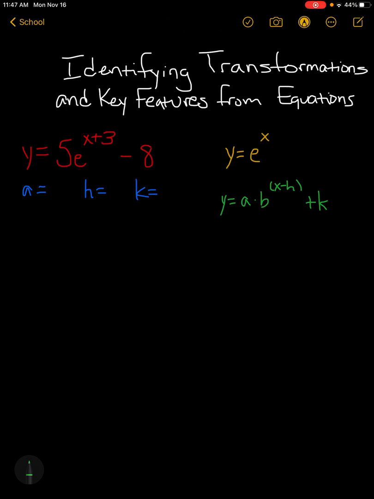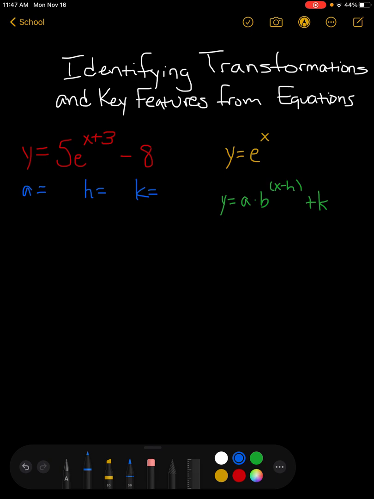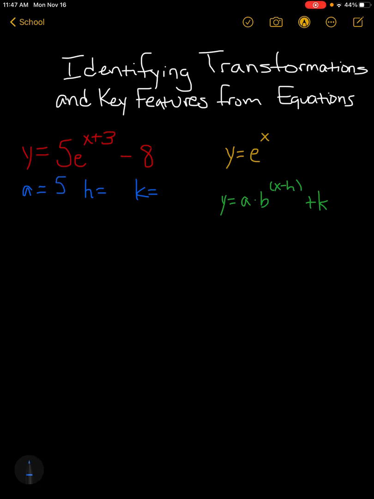So if we use that to help us figure out the transformation values, we'll see that a is the number being multiplied out in front, which is 5. We'll see that h is the value that is in the exponent with x, and it's going to be -3 because we have x plus 3, but in the transformation formula we see x minus h.